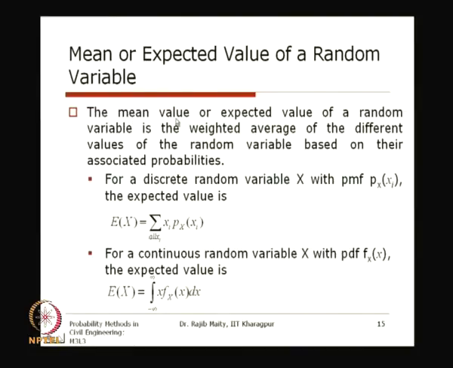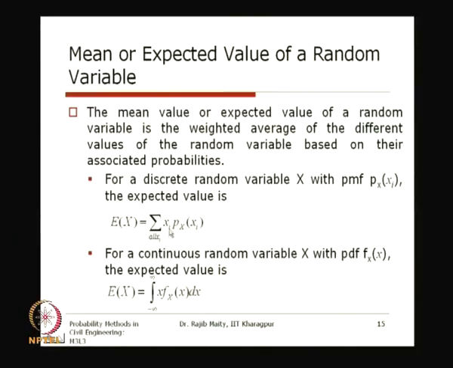The mean value or the expected value of a random variable is the weighted average of the different values of the random variable based on their associated probabilities. For a discrete random variable x with PMF Px(xi), the expected value is E[X] equals xi multiplied by that associated probability.